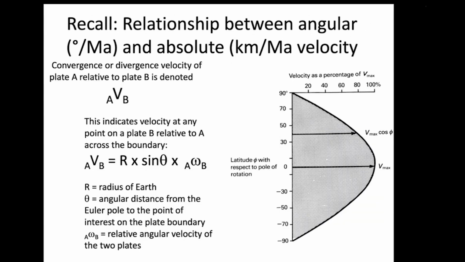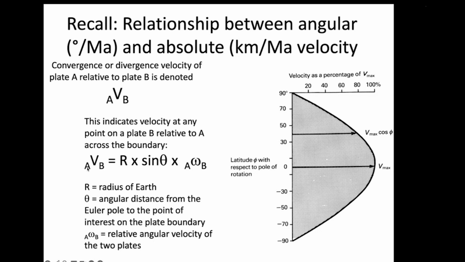All right. Now, recall the relationship between the angular and the absolute velocities. So angular velocities are in degrees per million years, and the absolute is in kilometers per million years. These are two different ways of measuring velocity, and the convergence or divergence velocity of a plate A relative to plate B is written as AVB, and this indicates velocity at any point on plate B relative to A across that boundary, according to that trigonometric relationship.